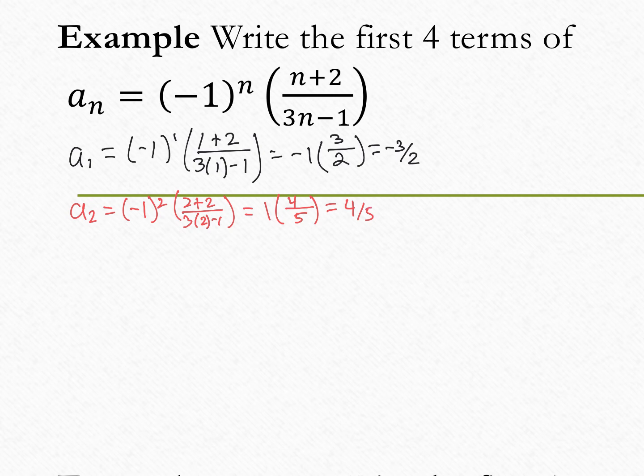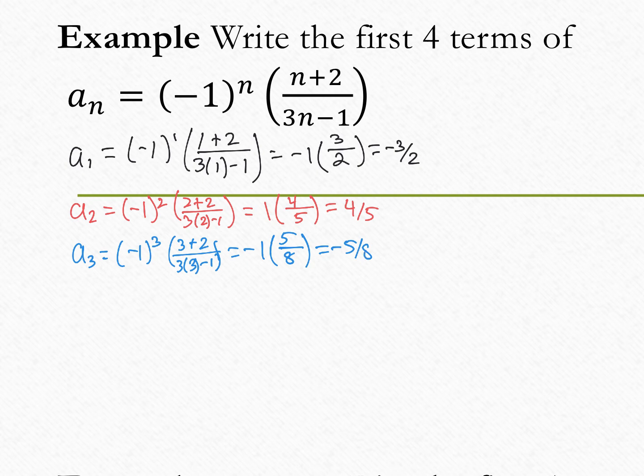We'll find the third term next. -1 to the third power is a -1 times 5 over 8, or -5/8.